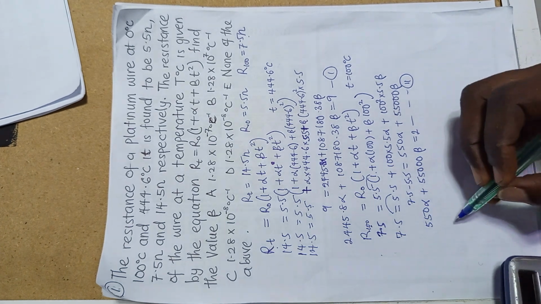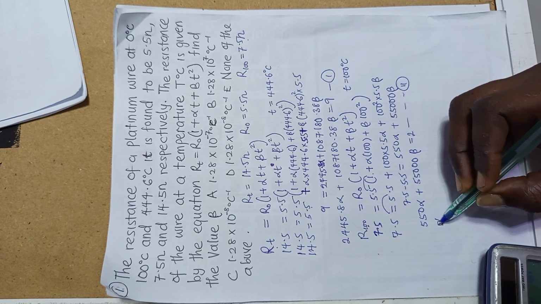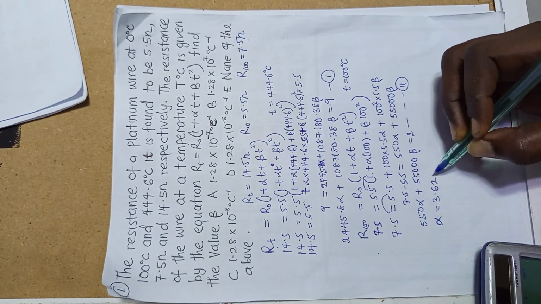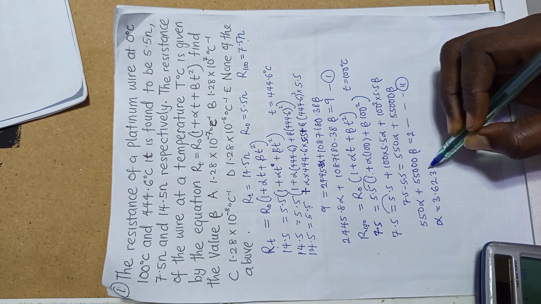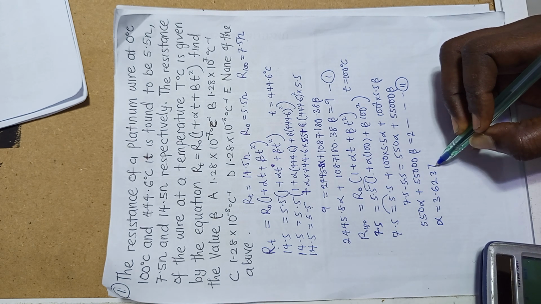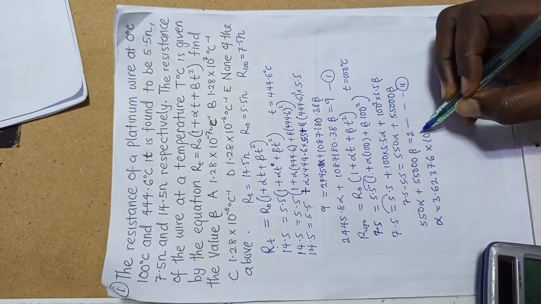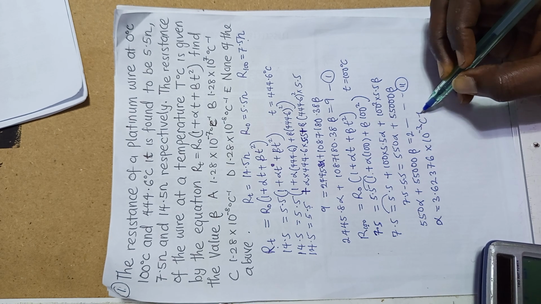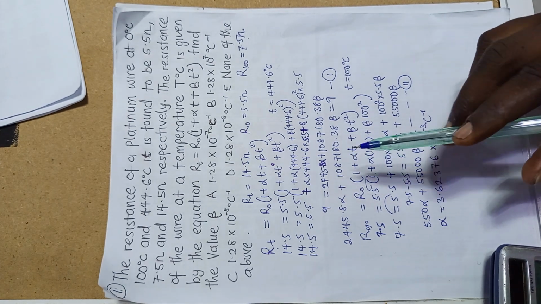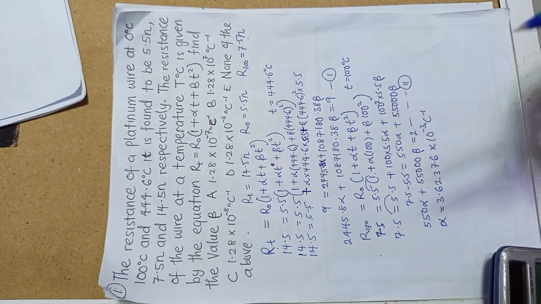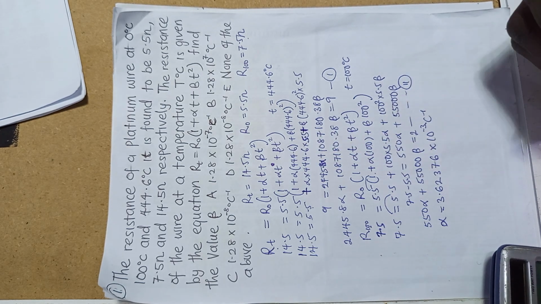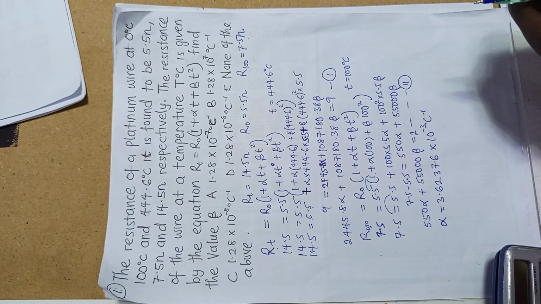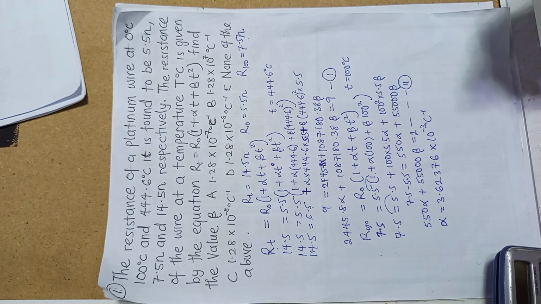So alpha becomes 3.6237 times 10 to the power minus 3 per degree Celsius, because alpha and beta are constants determined by the material involved, the thermometric property involved.